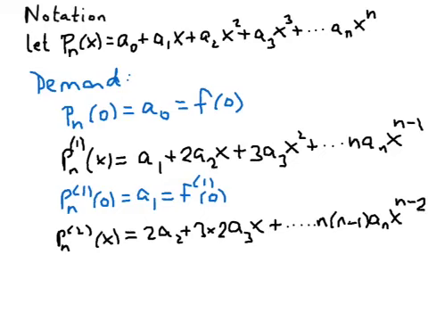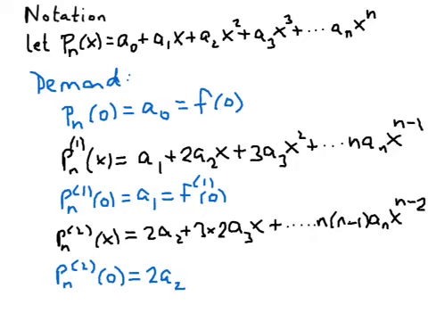And now we want to evaluate this at 0, and again this is very simple because all of these terms will vanish because they're all multiplied by x or higher powers of x. So therefore we have that Pn2 evaluated at 0, so our polynomial, the second derivative of it evaluated at 0, is 2a2, and all the other terms vanish.